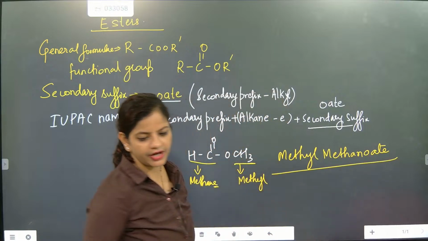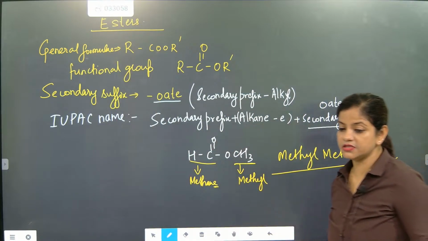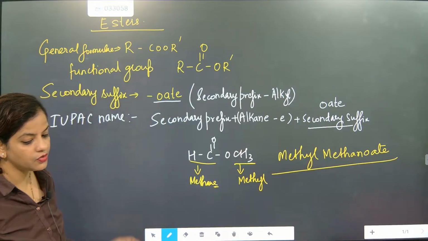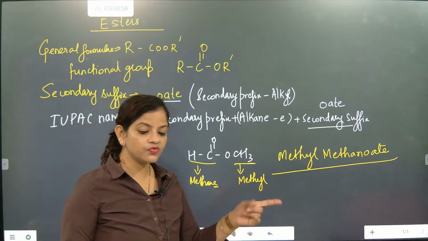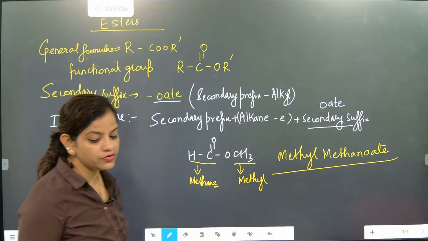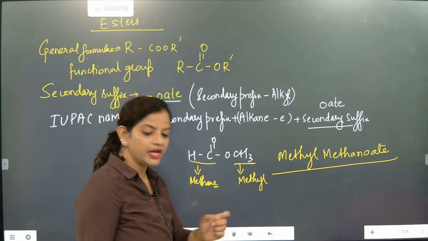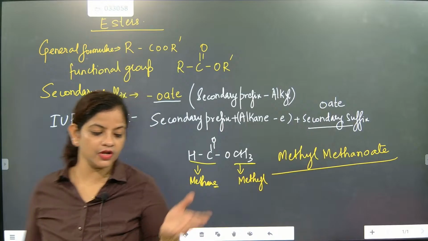Methyl methanoate. This is the way to proceed. Absolutely correct, children. Methyl methanoate is the perfect way of writing. We'll go with the next one.